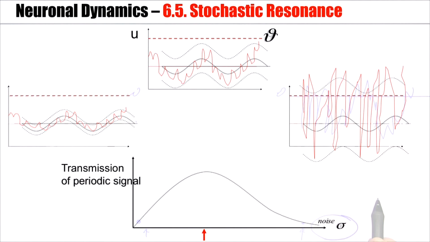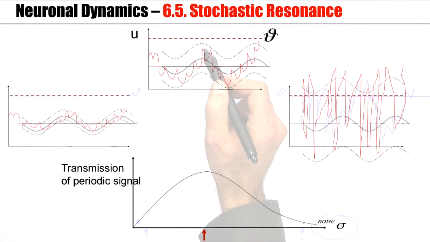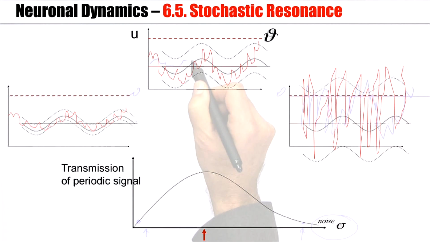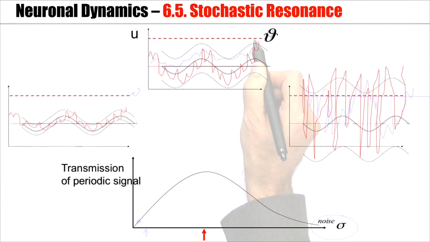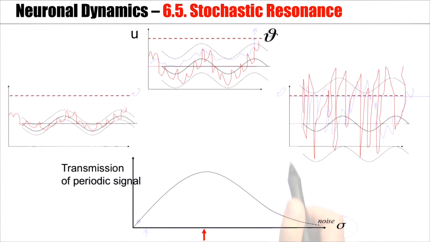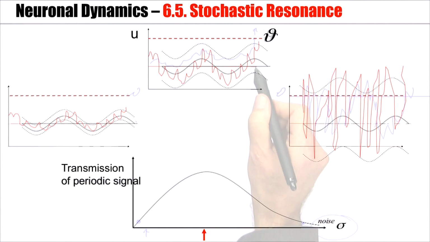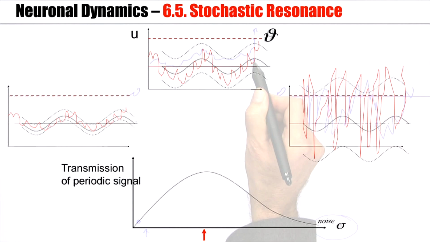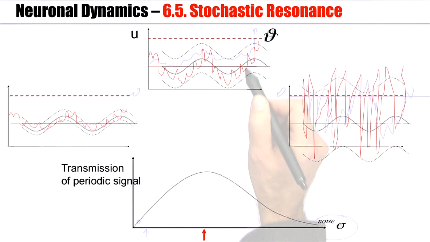So somewhere in between, there is a regime where the noise level is just sufficient so that occasionally the noisy trajectory hits the threshold. And it does so whenever the reference trajectory goes through the maximum. So there's this optimal noise level for signal transmission, an effect that's called stochastic resonance.